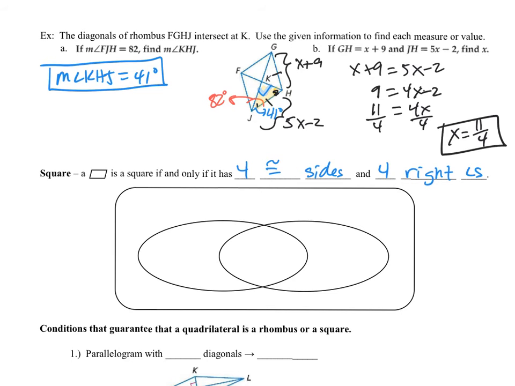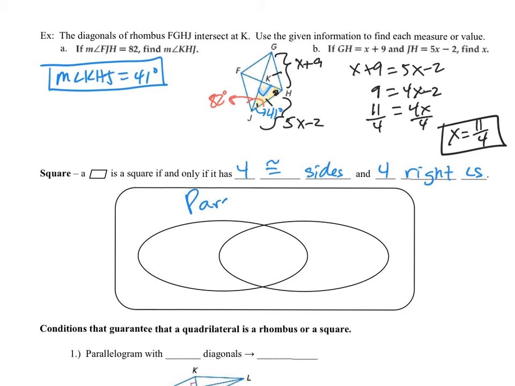Another way we could say this is that a parallelogram is a square if and only if it is a rhombus and a rectangle at the same time. So what I'd like to do here is use this Venn diagram to kind of summarize all these special parallelograms that we've talked about in this lesson.